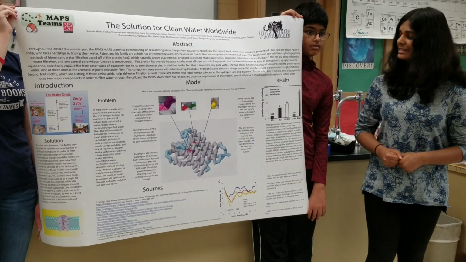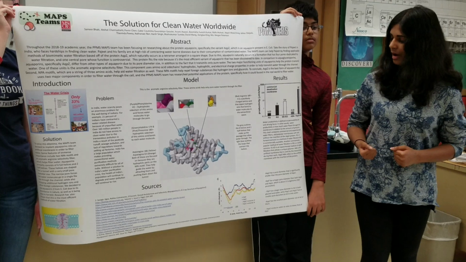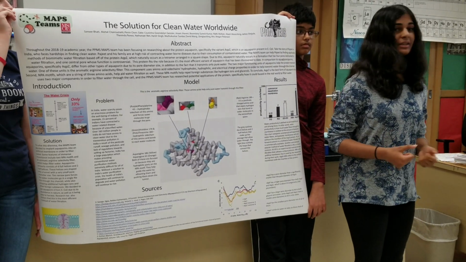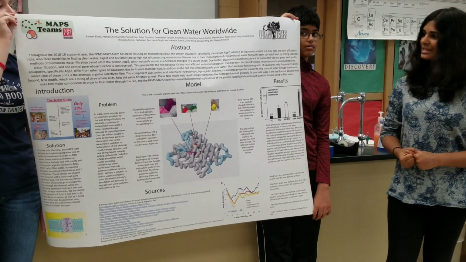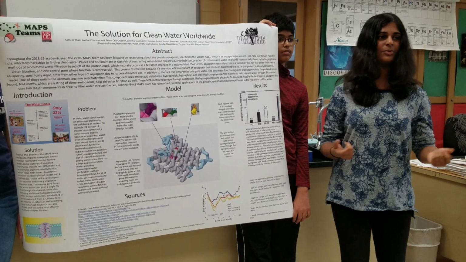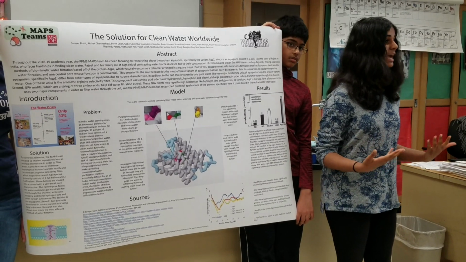However, AQPZ has the smallest pore diameter out of all of them, which makes it the best. In conclusion, AQPZ is the best aquaporin used for water filtration, and it can definitely help save lives.